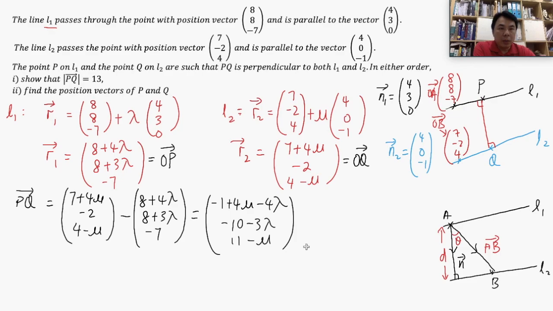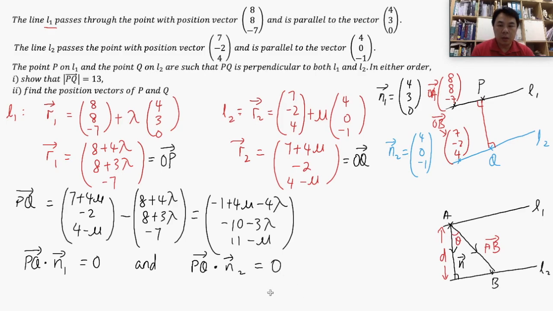So the method that we're going to proceed with next is, we know that the position vector PQ is perpendicular to line L1, which means the scalar product between N1 and PQ must be 0, and PQ with N2 must also be 0.